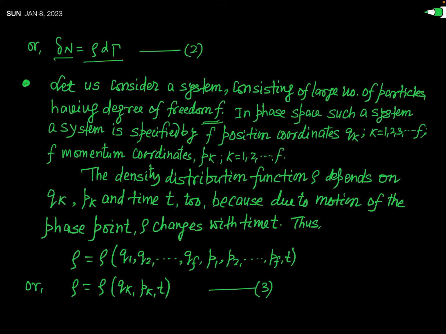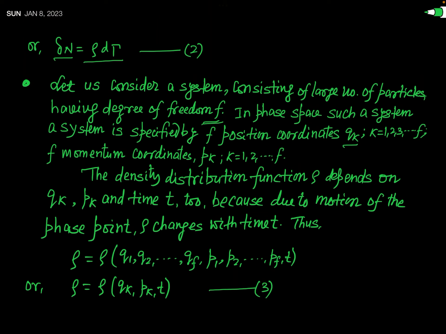So we consider that the f position coordinates are qk, where k runs from 1 to f. It means q1, q2, q3, so on qf are the f position coordinates needed to describe the configuration of this system of large number of particles.